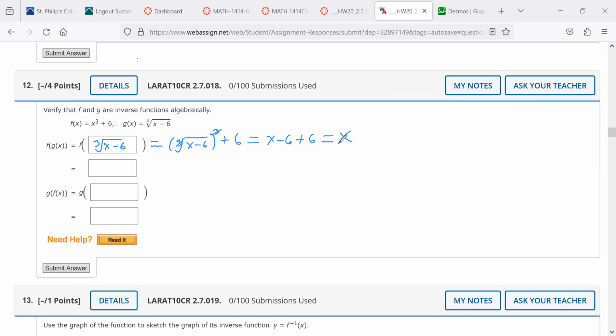So if I end up with just an x, that looks like it might be an inverse. But it has to work both directions.